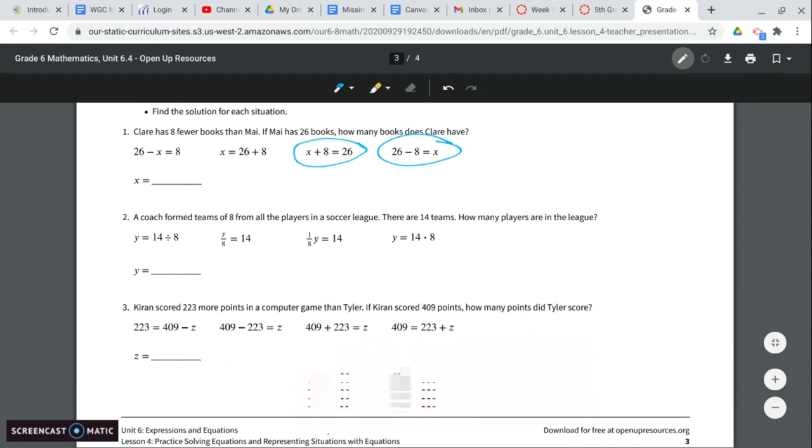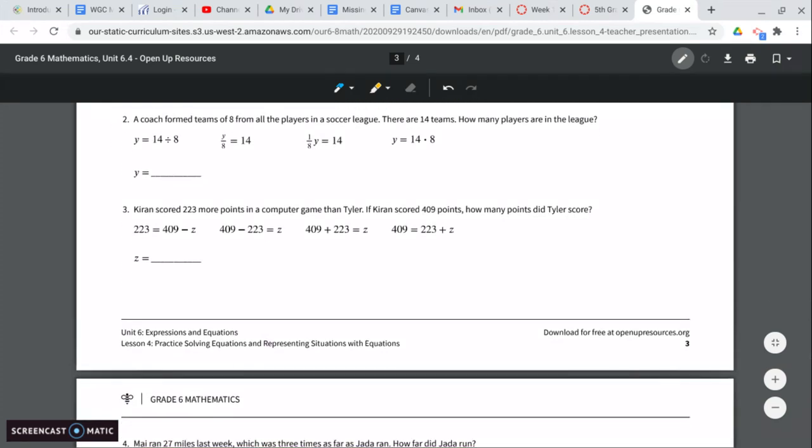That's equivalent. x, however many books Claire has, plus 8 will give us the 26 that Mai has. We can also do the first one, 26 minus x, however many books Claire has, equals 8 to show the difference between them. So if we take 26 minus 8, we get 18. There's our solution.